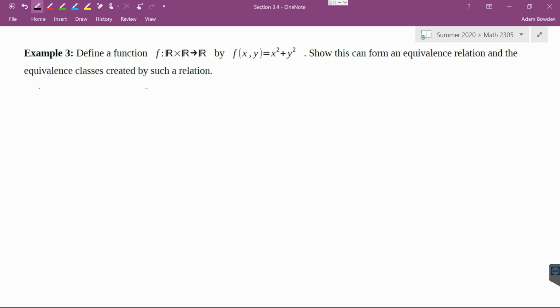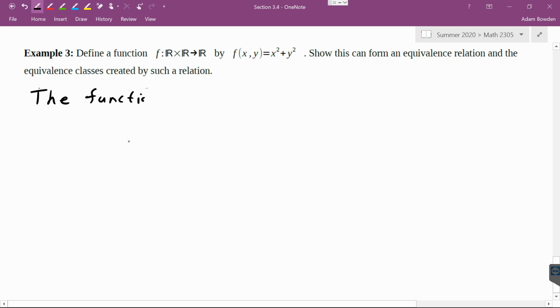Let's look at another example here. We're going to use the function from the real numbers cross real numbers into the real numbers by f of (x, y) equals x squared plus y squared. We want to show that this can form an equivalence relation, and the equivalence classes created by such a relation. So first off, let's write this function in terms of a relation.